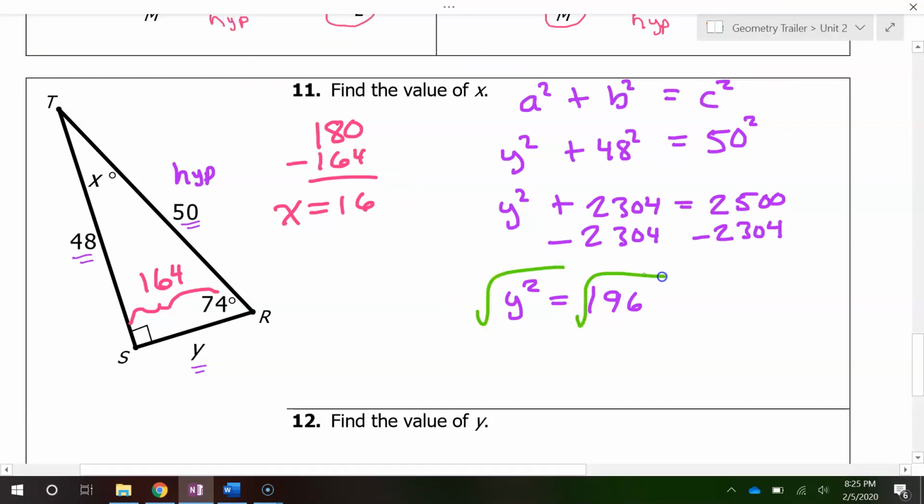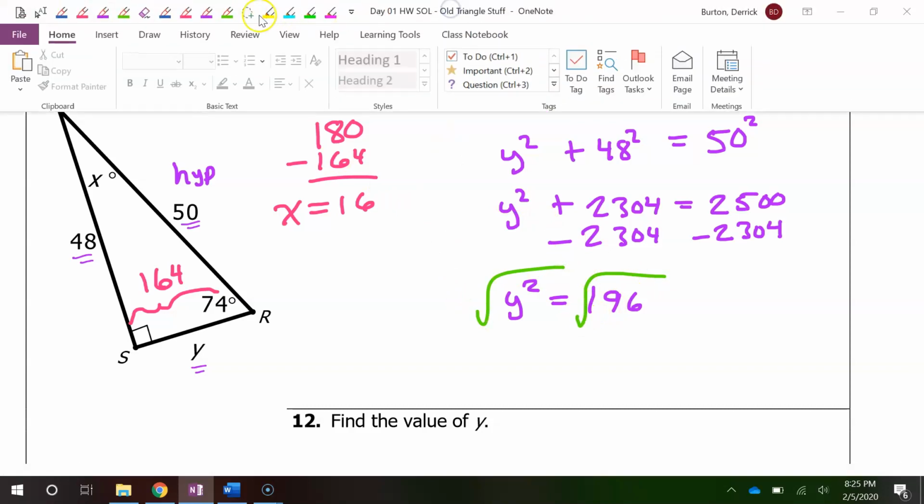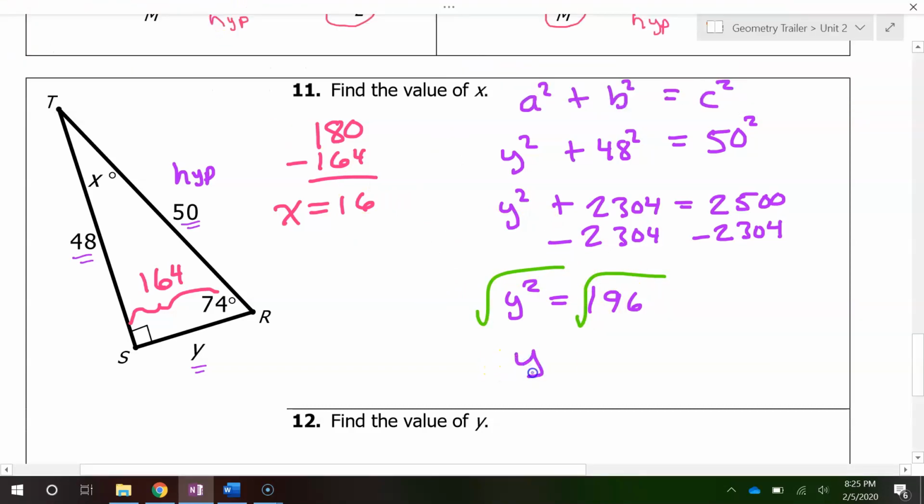So we need to take the square root of both sides like you do, and you get y equals, so I don't know this one off the top of my head, so I'm going to my calculator. 14. I did know that one, actually. Trust me, I knew it. So there it is. X is 16 and y is 14.